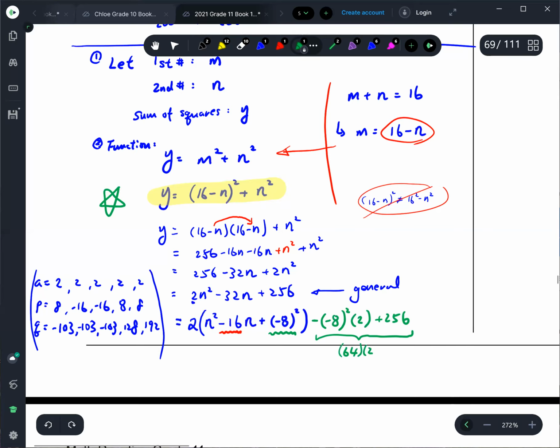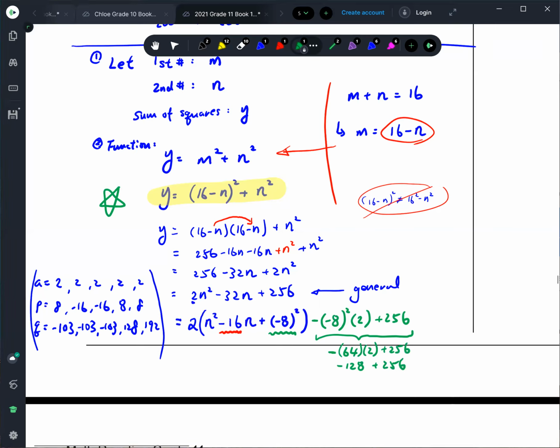Times it by 2, but then there's a subtraction at the front, so you have to keep that, plus 256, okay? And then negative 64 times 2, that's negative 128, plus 256. You do multiply next. And that should give you positive 128.